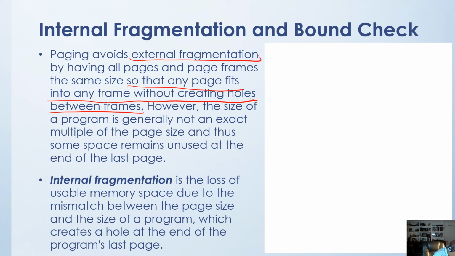However, there's another issue. Now using paging, we're going to create another kind of fragmentation. It's called internal fragmentation. What is internal fragmentation? Let's see. Suppose I have a process. The size of the process is going to take a logical memory address space from 0 to, let's say, 20.